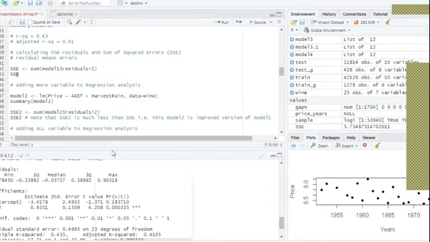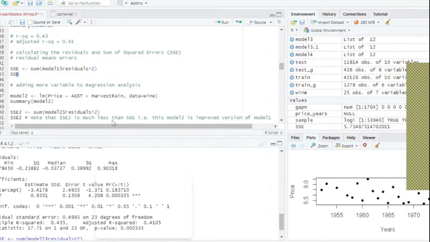Now let's add more variables. Let's add one more variable. I add harvest rain, and name this model as model 2. Keep the naming consistent so that whenever we have the output, it is consistent.